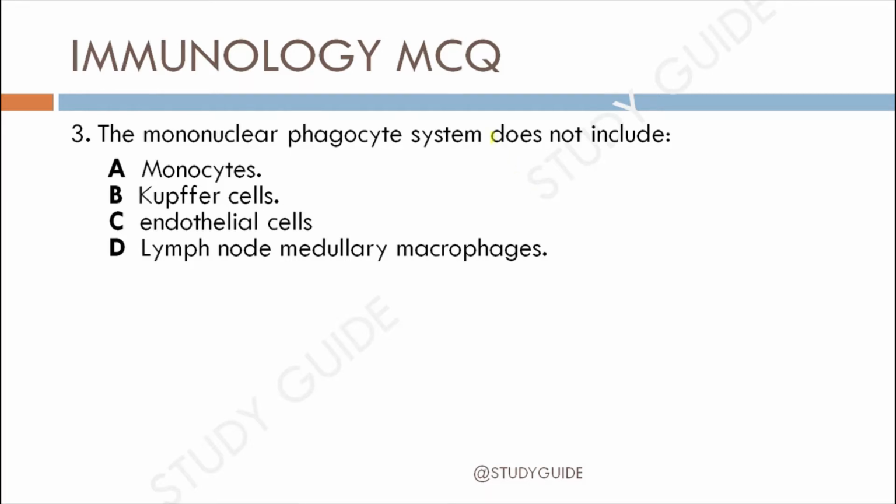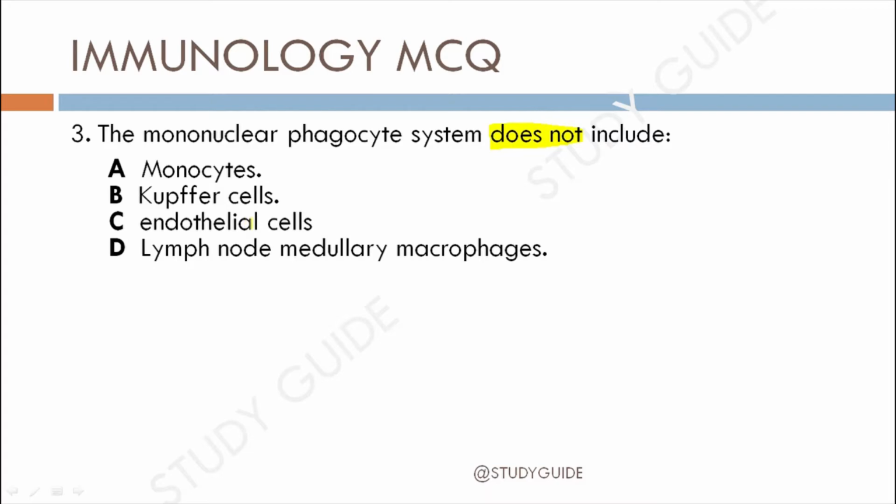Here also it is "does not include", so be careful with these types of MCQs. Options are monocytes, Kupffer cells, endothelial cells, and lymph node medullary macrophages. What could be the answer? Please write in the comment box.